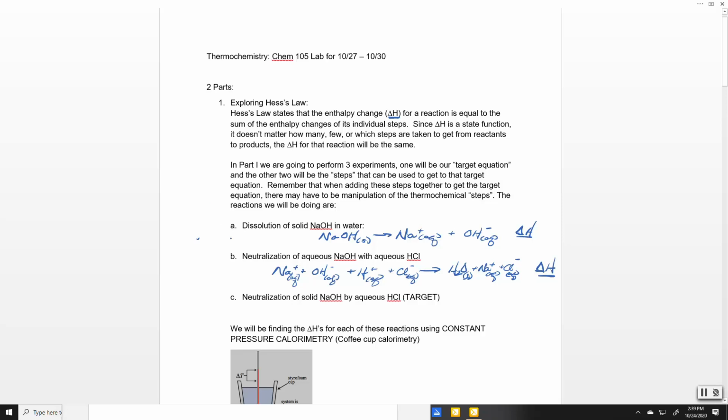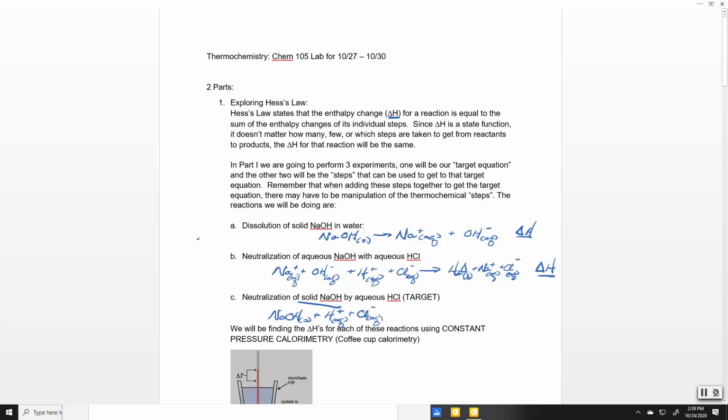Finally, we're going to be finding the delta H of our target reaction, which is taking solid NaOH and aqueous HCl. So here we go, starting with the solid NaOH, and we're reacting it with aqueous HCl.